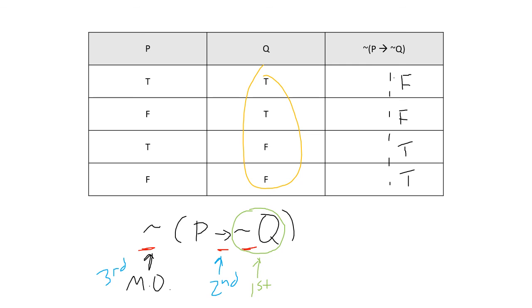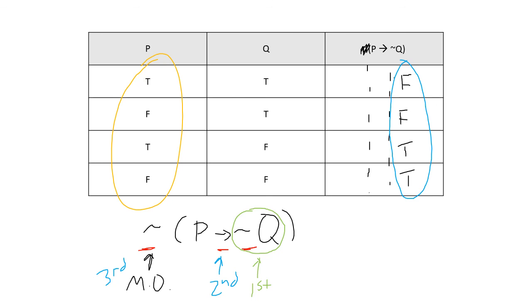Now we can do the arrow. I want to cross out this tilde here, so we're just ignoring it. So for our arrow, this is our left side, our antecedent. This is our right side, or our consequent.